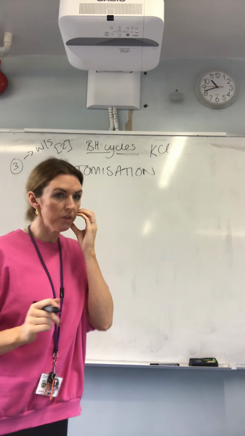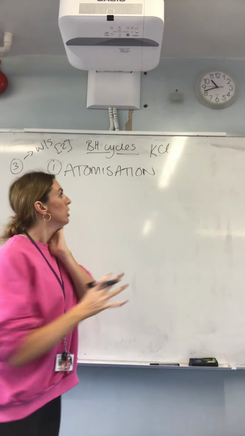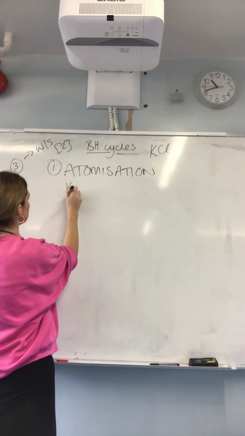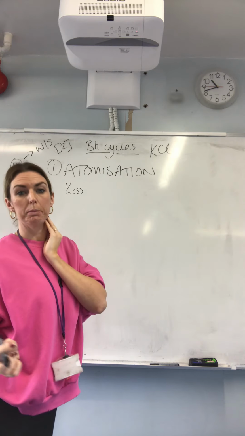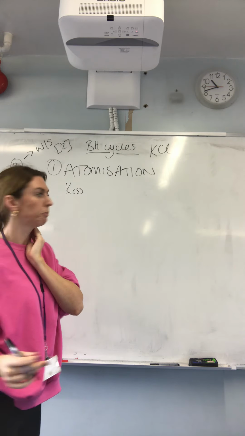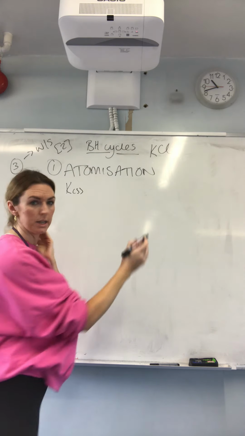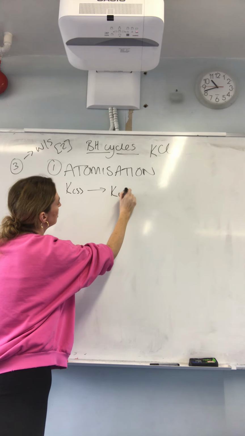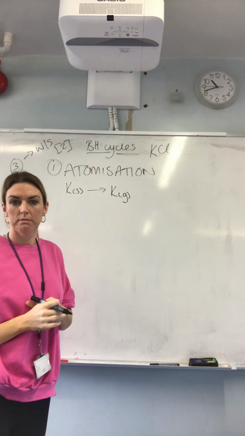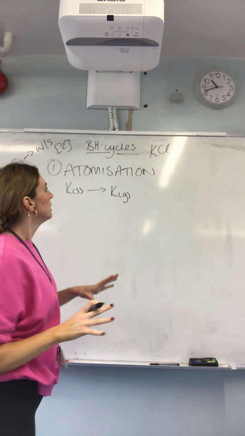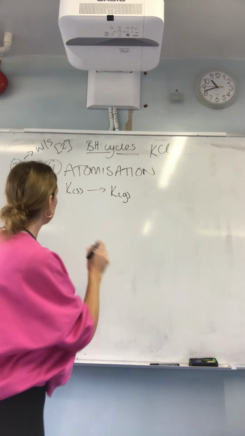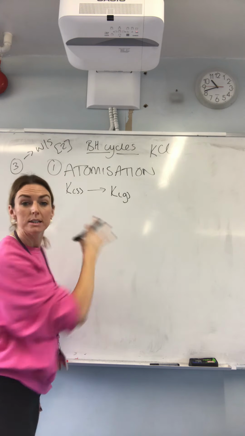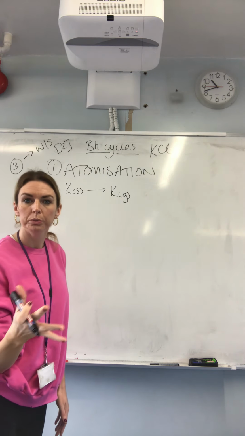So, first things first then, atomization. With potassium chloride, obviously our metal here is potassium, and in its standard state, potassium exists as a solid. So to atomize potassium, we're going to go from potassium as a solid to potassium as a gas. That's it. For chlorine, chlorine doesn't exist as an atom, it exists as a molecule.